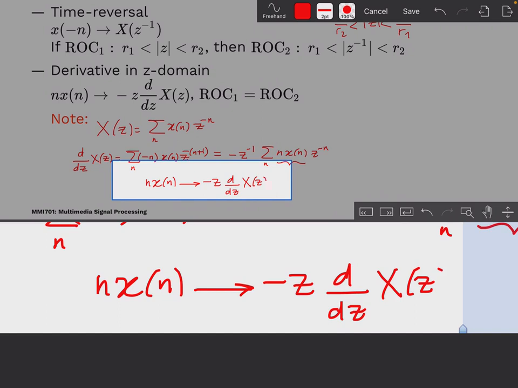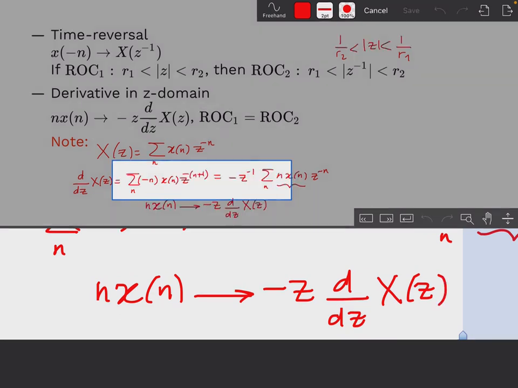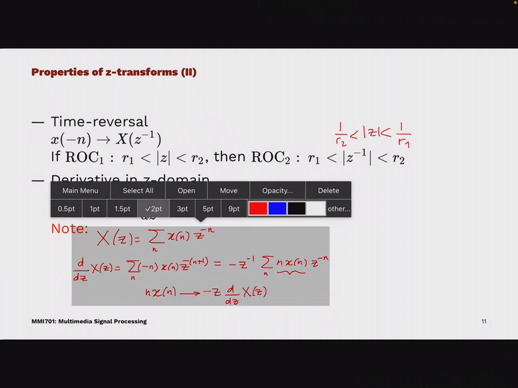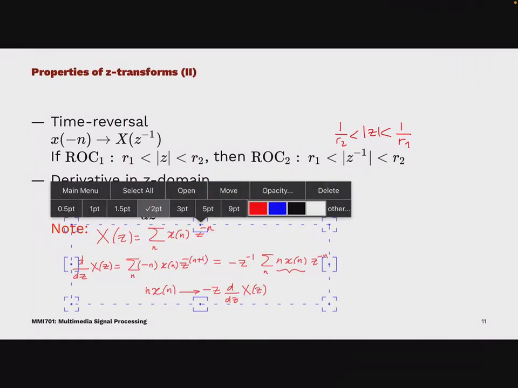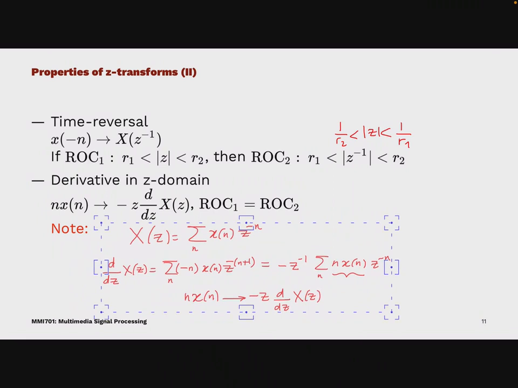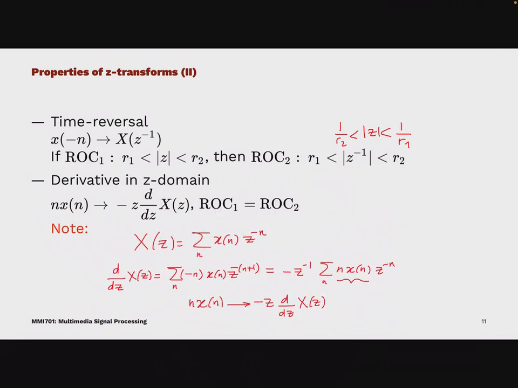And since we are dealing with a polynomial, possibly with an infinite order, the regions of convergence will be the same between the signal whose Z transform we're taking the derivative of, and the original signal x of n. So let's make this a little bigger to make it more visible. All right, so far so good.